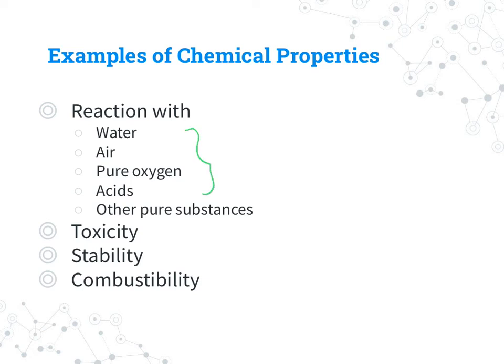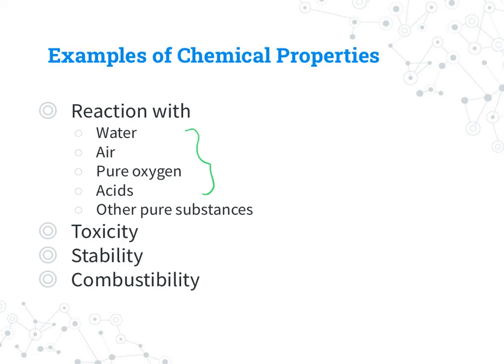Something's toxicity is a chemical property. It's only toxic because we've ingested it and it starts to react with the cells in our body. Something's stability, whether it breaks down over time. So some compounds have a very short shelf life because they will continuously break down.